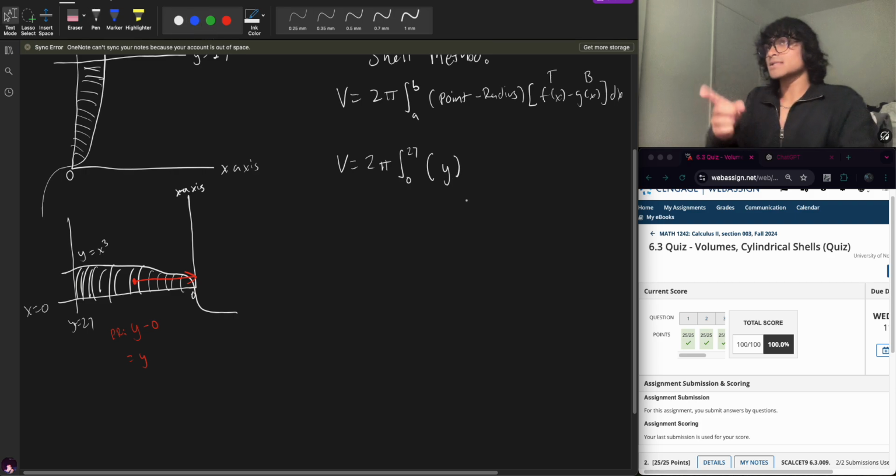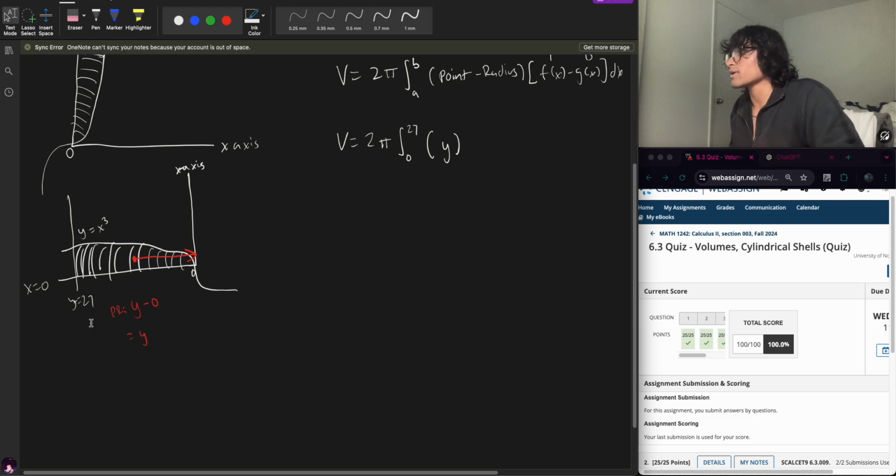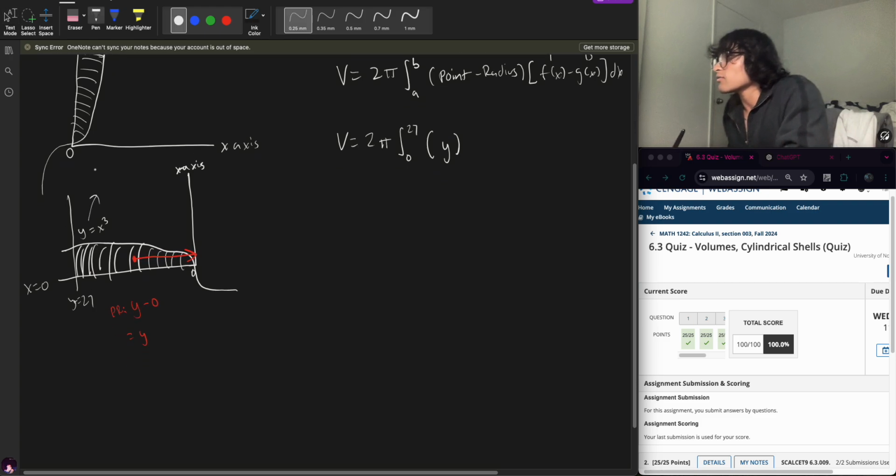But remember, like I said a little earlier, we cannot just slap in x in here. We have to make these into y, right? So let's solve for x for this one. So x cubed equals y.